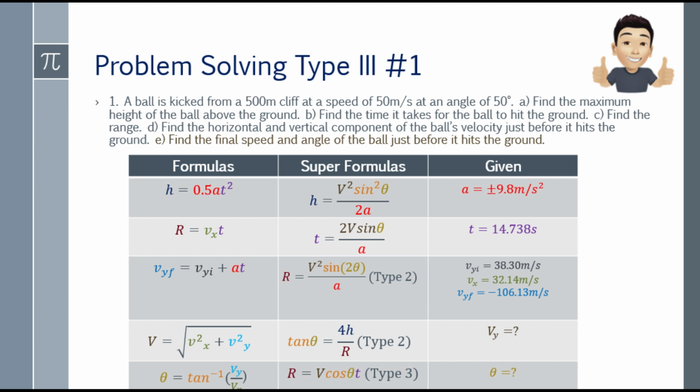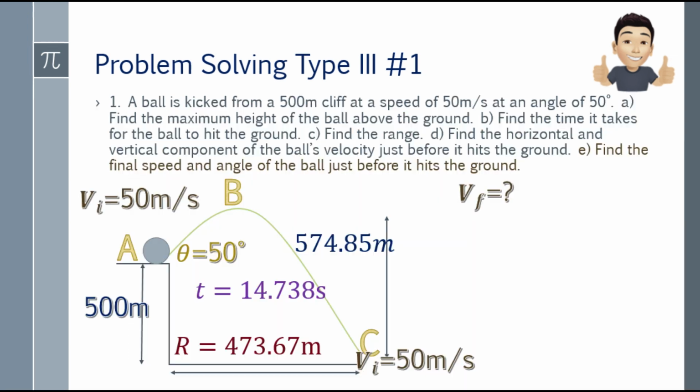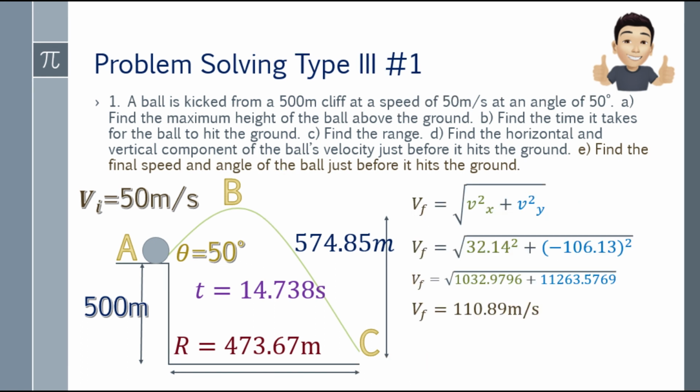What formula will we use to find the final speed and angle of the ball just before it hits the ground? We can use V is equal to the square root of the quantity Vx squared plus Vy squared. If we're going to find the final velocity V, make sure that inside the radical sign, the x and y components are also final. We already solved the horizontal and vertical components of the final velocity earlier. So VF is just the Pythagorean theorem: the square root of the quantity 32.14 squared plus negative 106.13 squared.